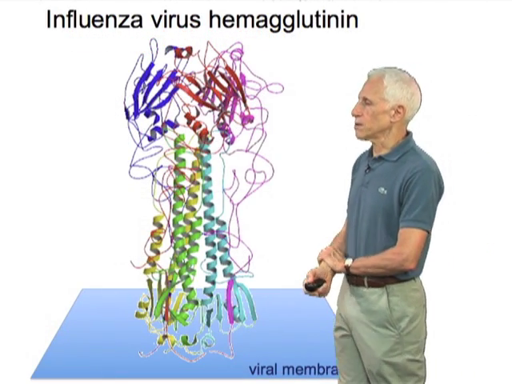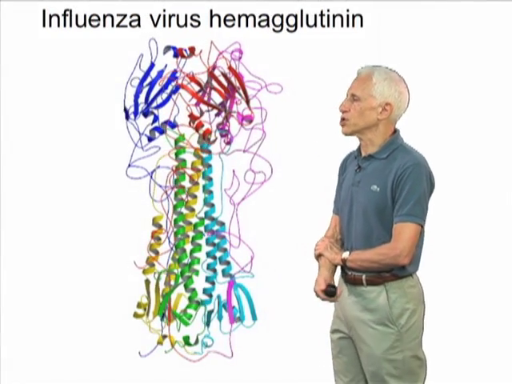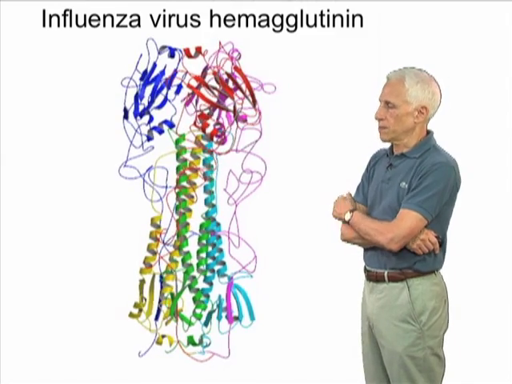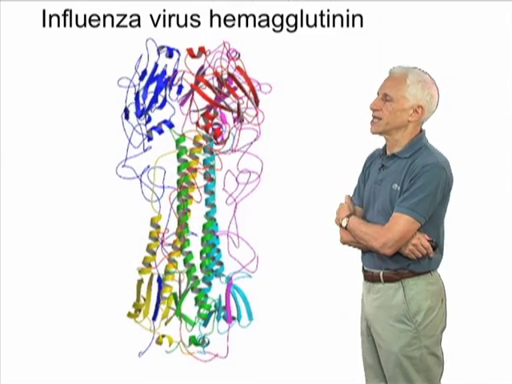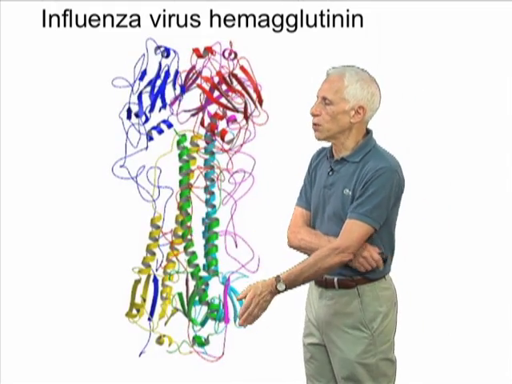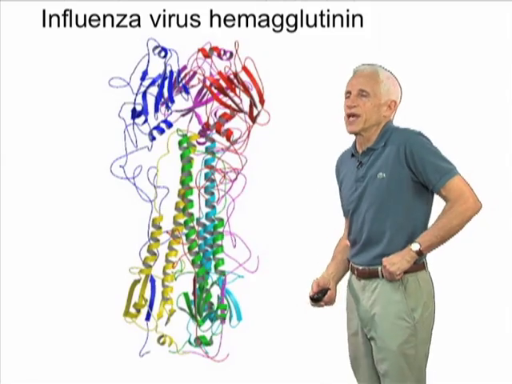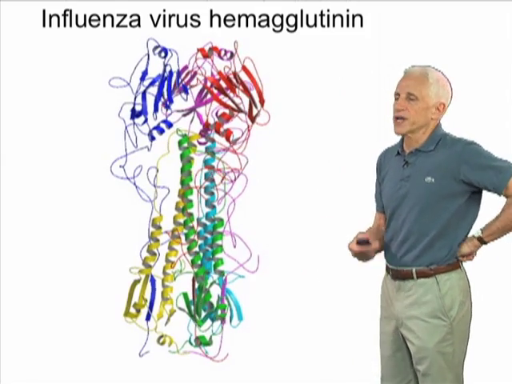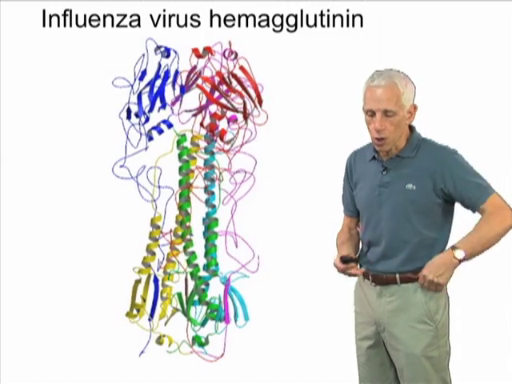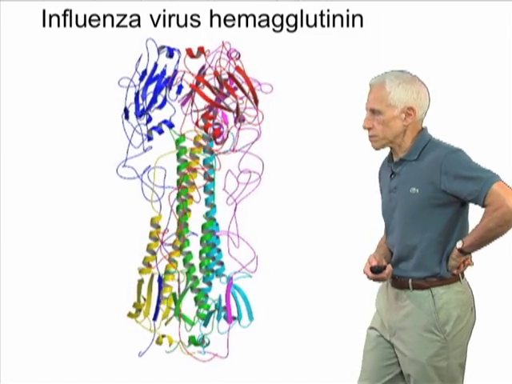So the representation here shows you the overall structure of the hemagglutinin. This particular representation is based on X-ray crystallography and does not show the transmembrane segment or the very short segment of about 11 residues that extends into the interior of the virus particle, or before budding, into the cytosol of the cell.